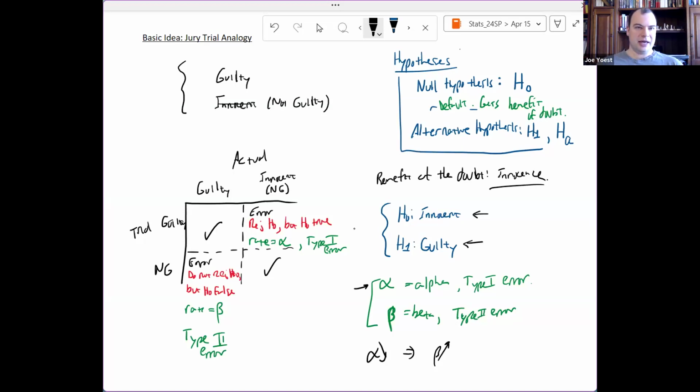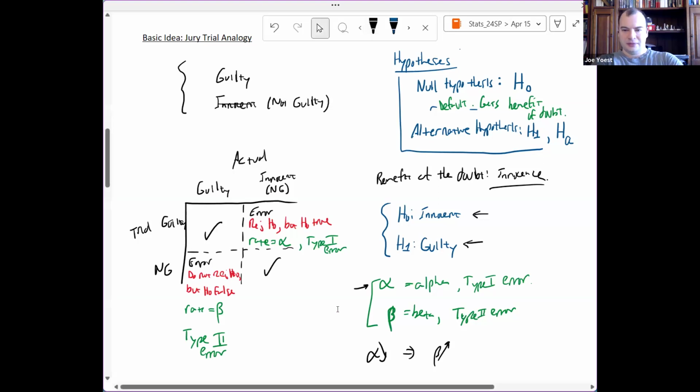If it wouldn't be all that unlikely under the null, even if it would be more likely under the alternative, then we stick with the null. We fail to reject H naught. We move forward under the presumption that the null is still true.